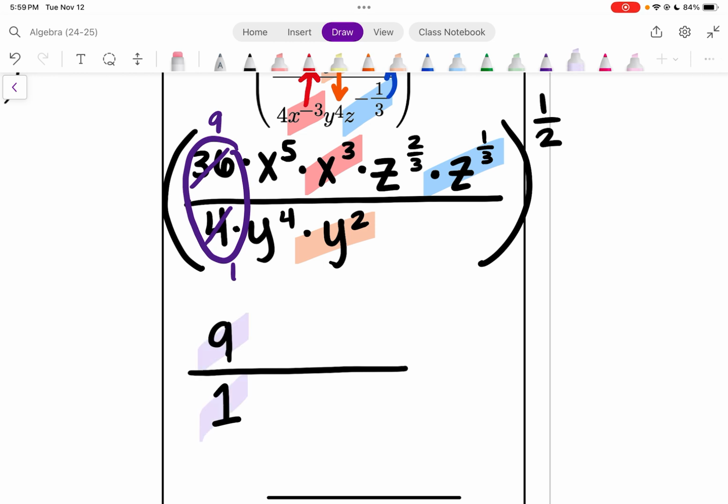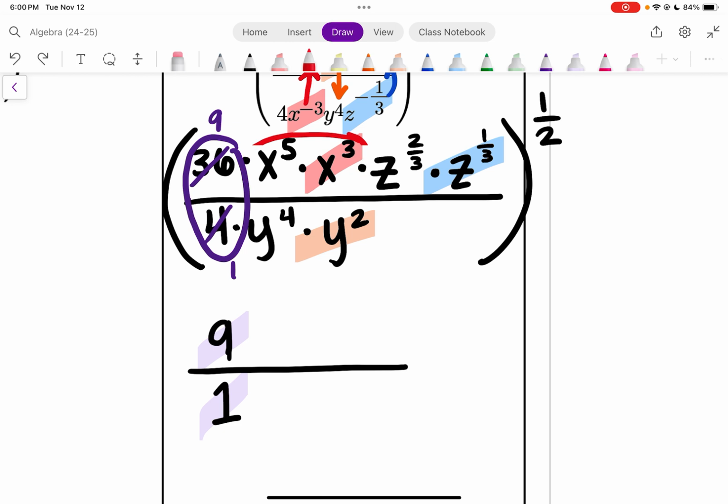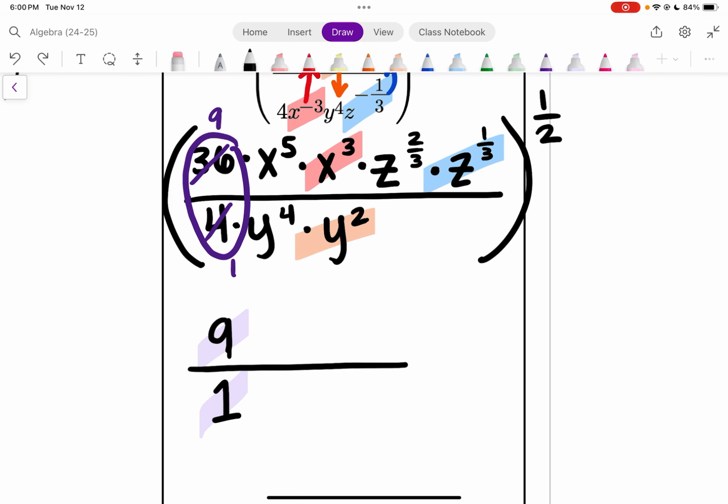Okay, then I have my x's. So I'm going to do my x's right here. Okay, I have x to the 5th and x to the 3rd. So what I can do is add those together. Because it's the same base, that's 5 plus 3. So that is x to the 8th.